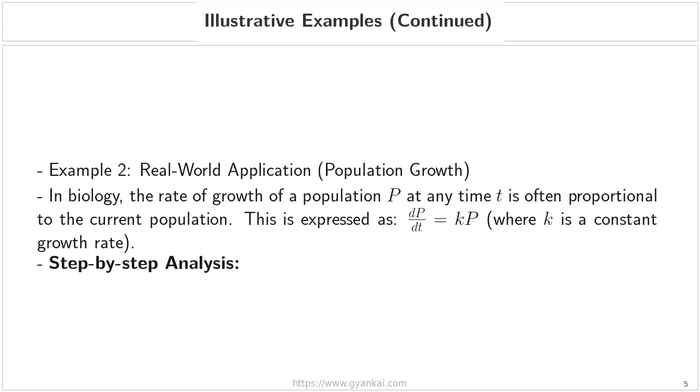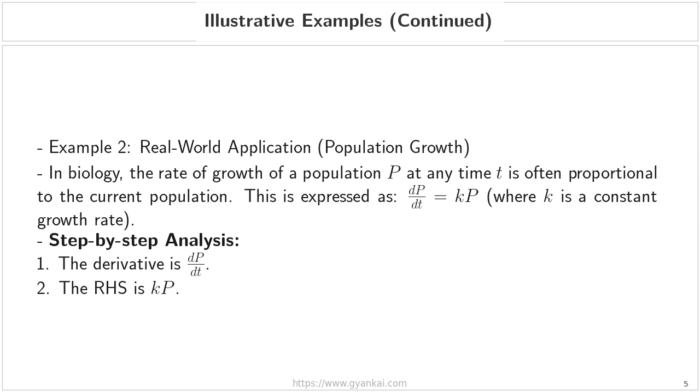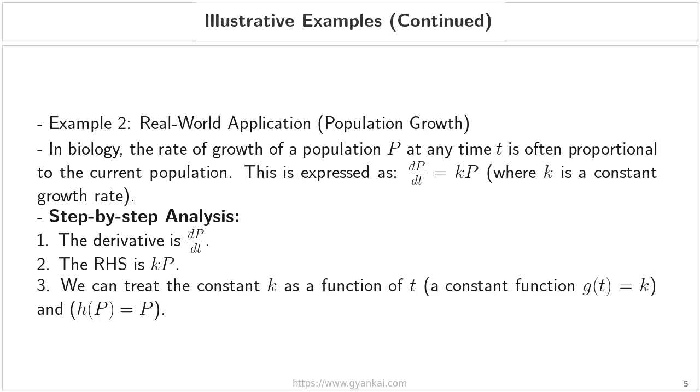Let's perform a step-by-step analysis to see if this fits our definition of a variable separable equation. First, we look at the derivative. Here, we have the derivative of p with respect to t. Second, we examine the right-hand side of the equation, which is simply k times p. Third, we need to see if we can split this into two separate functions. Even though k is a constant, we can treat it as a function of t that just happens to never change, so g of t equals k.